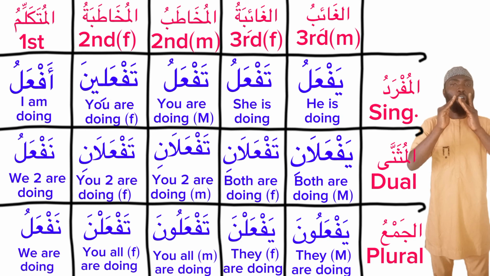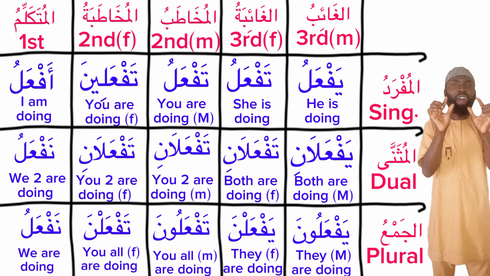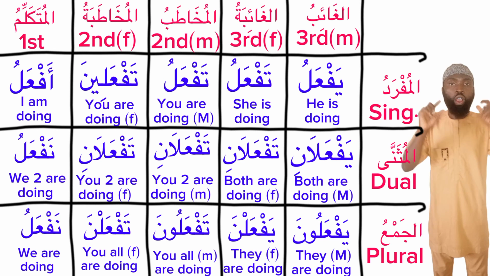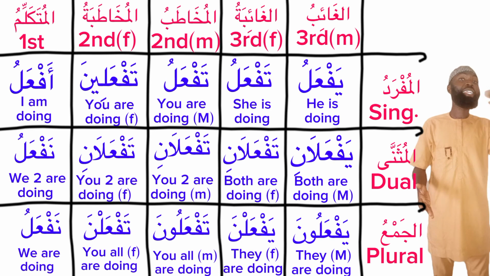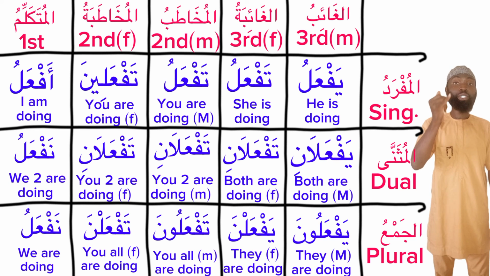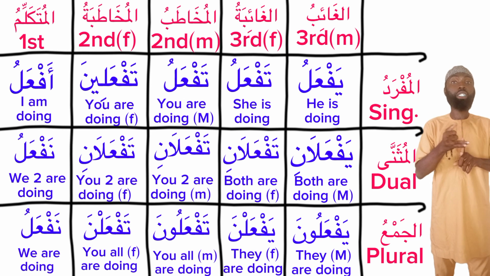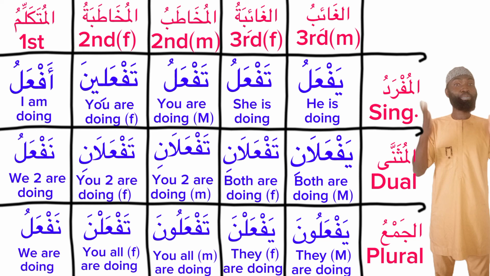So with this, we come to the end, and I hope you now have a glimpse and understanding of how to form the present tense verbs in the Arabic language, covering the singular masculine, singular feminine, third person, second person, and first person.